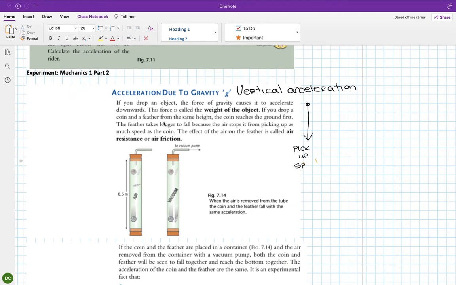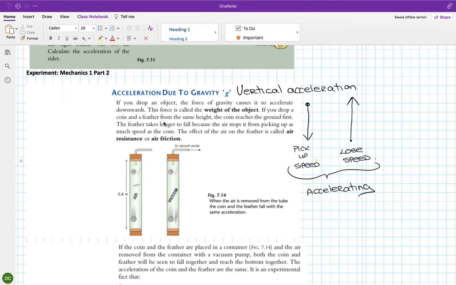Or if you have an object that is in your hand or whatever and you throw it up, then as it goes up, it's going to lose speed. Okay? And remember, if the speed of an object is changing or the velocity of an object is changing, then in both of those situations, the object is accelerating.